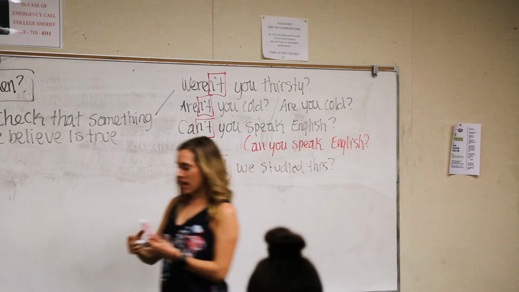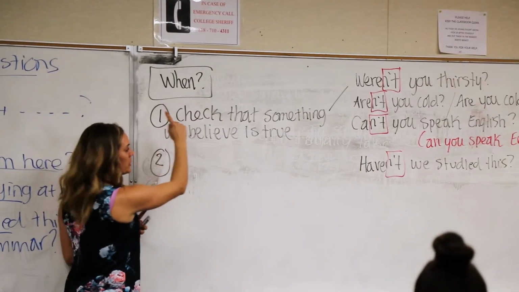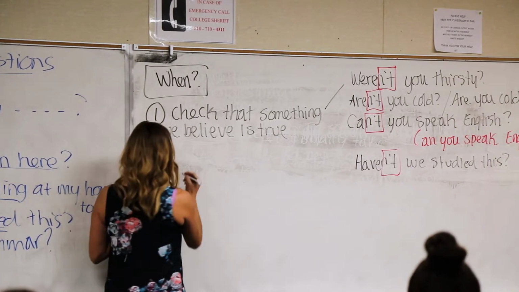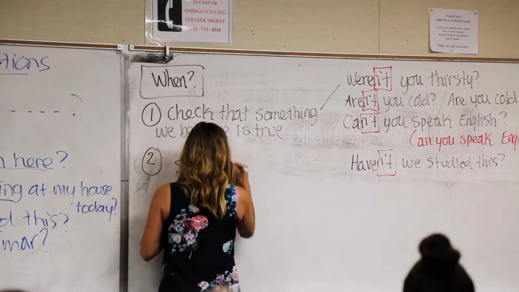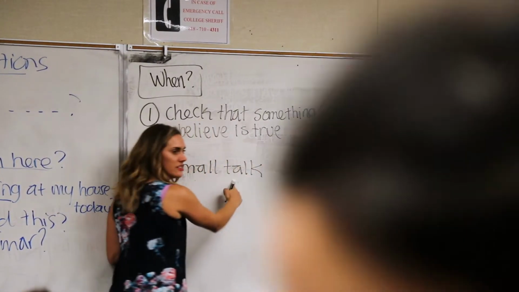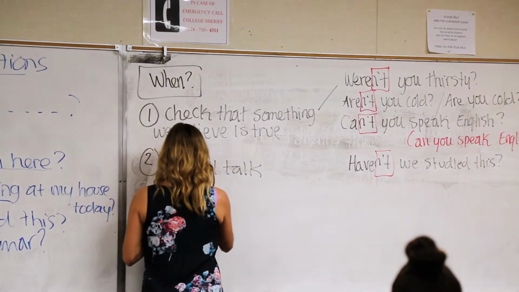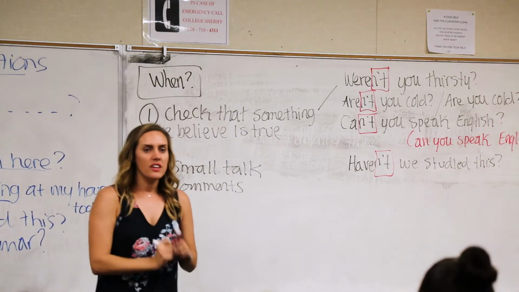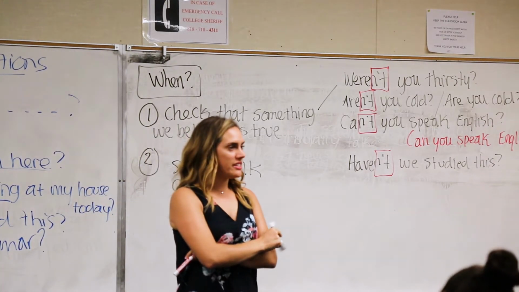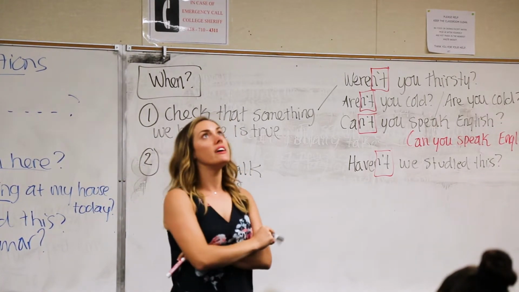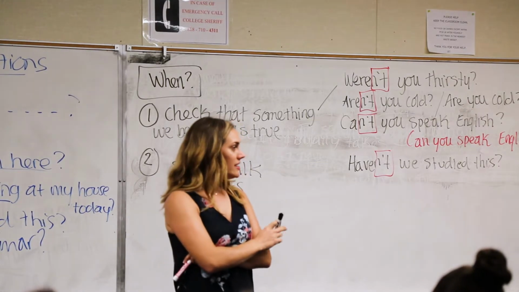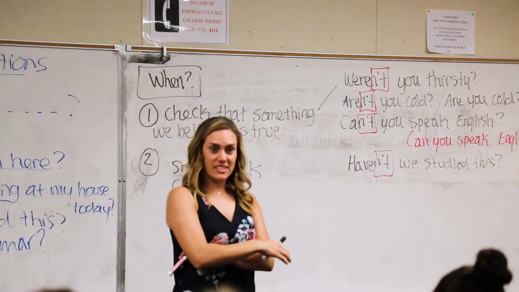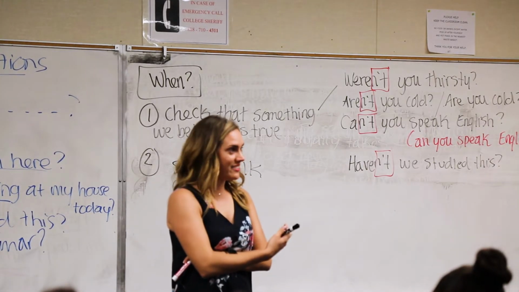So the second time, when do we use it? We use it to do this, but we also do just small talk, right? Do you guys know what small talk is? Small talk is when, you know, you're in the elevator and it's really awkward. You can look up, or you can say, isn't it a nice day? Isn't it nice? The weather, isn't it great? You can start talking, right?